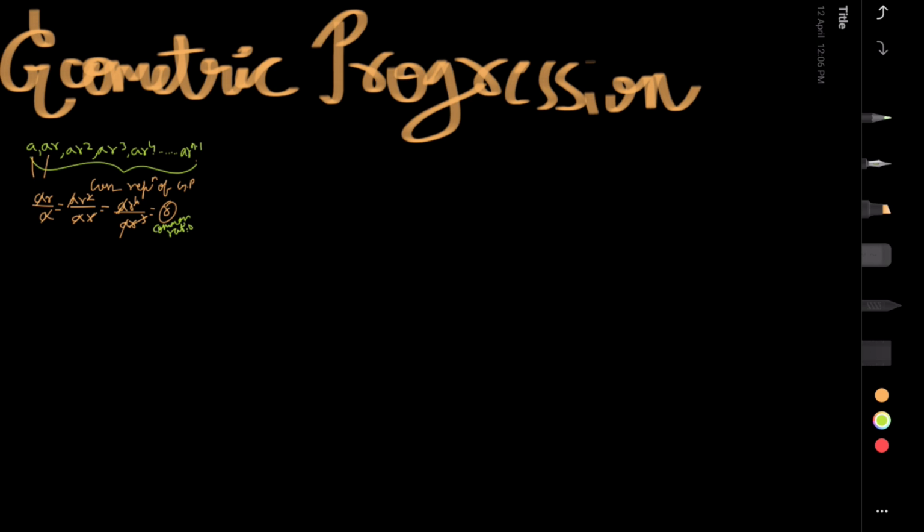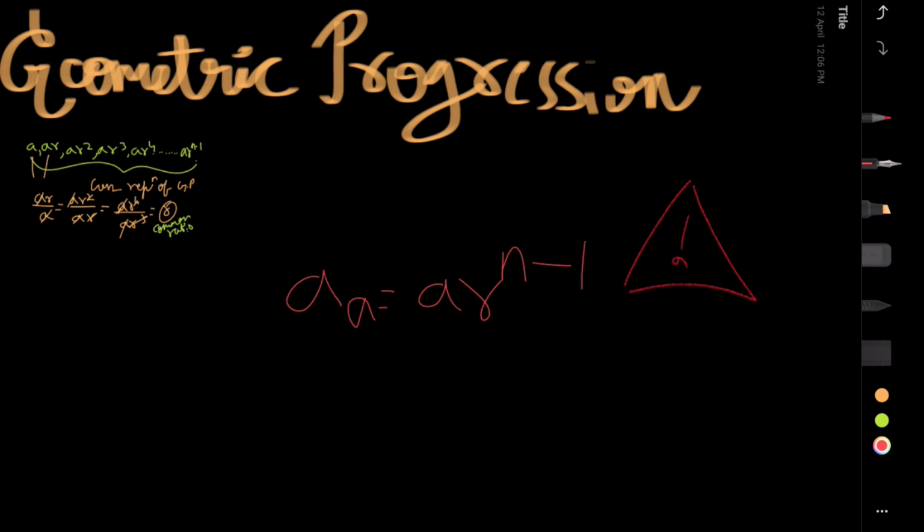Now, the nth term of a GP. This is the most important concept and a bit difficult to understand. Let us understand it. An is equal to AR to the power of n minus 1.